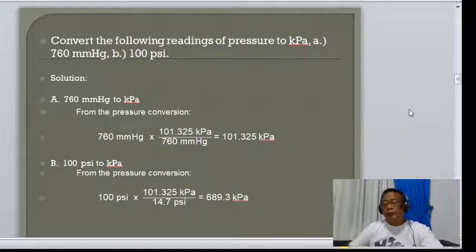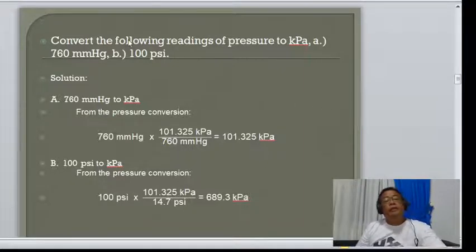But before that, let us first do some exercise here: how you are going to convert a pressure reading from one unit into another unit. Let us take this problem.